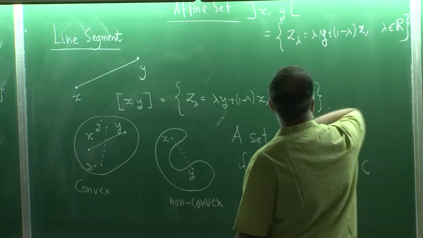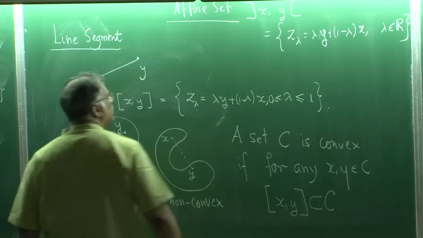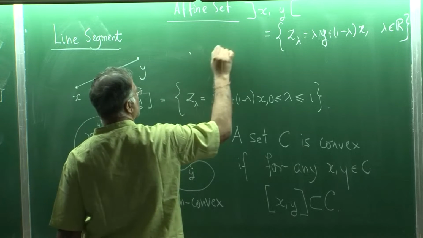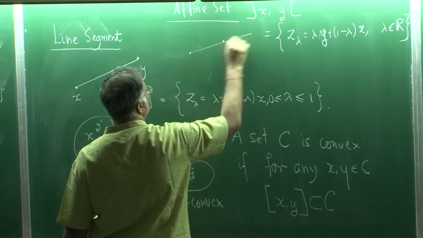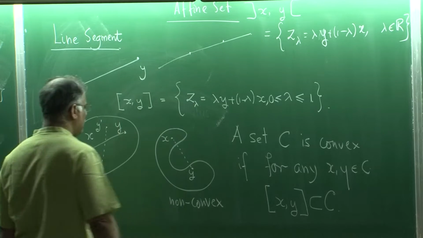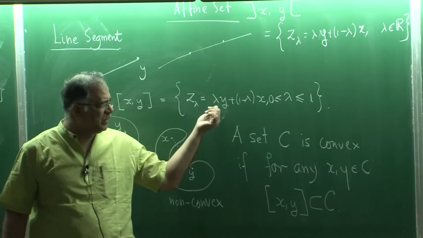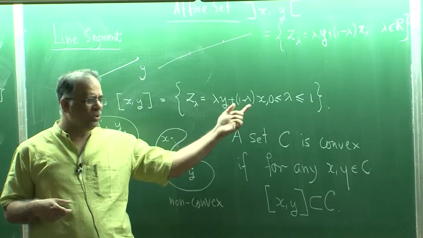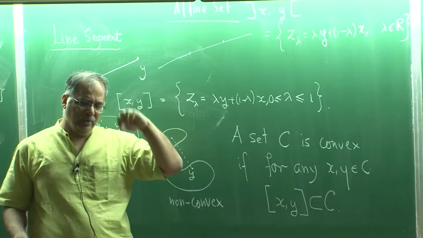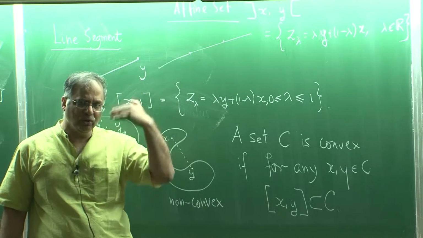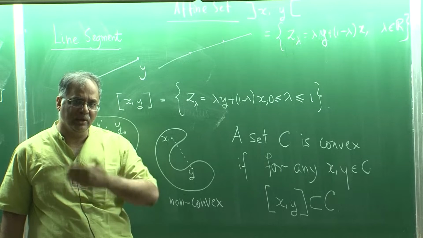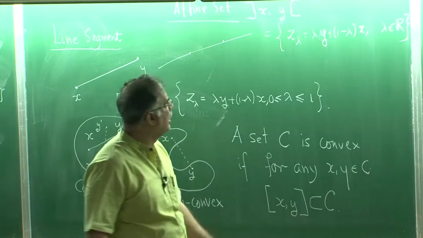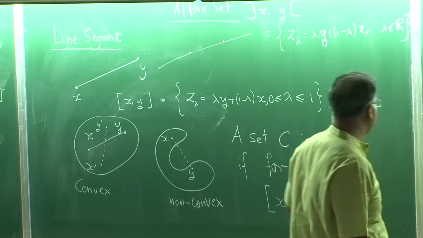That is the meaning of a line passing through 2 points. Here, when lambda is equal to 0, I get x, and when I put lambda equal to 1, I get y. As I vary lambda, I am walking along the straight line from x to y, and it does not matter, you just keep on walking.